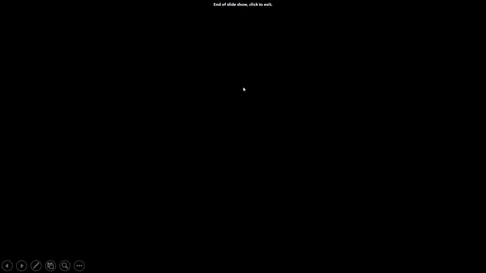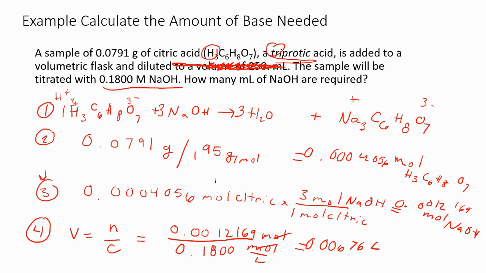So how do we convert from liters to milliliters? Dividing by 1,000 will give us a smaller number, so we times by 1,000. We're going to move the decimal: 1, 2, 3.